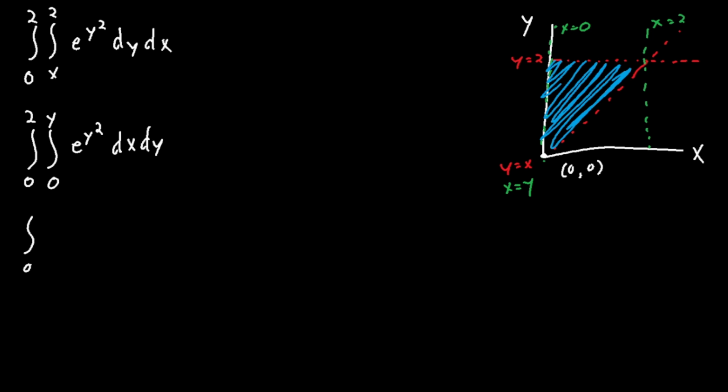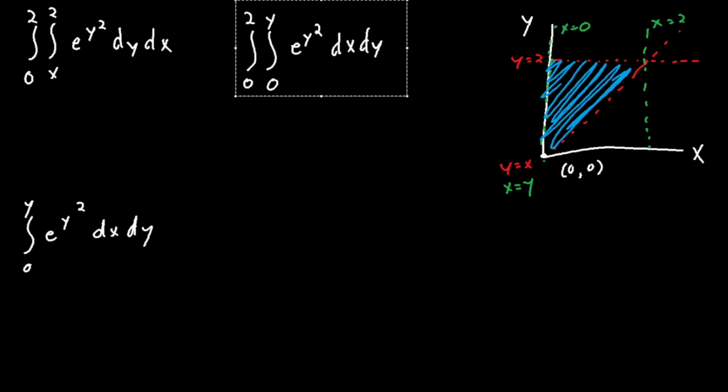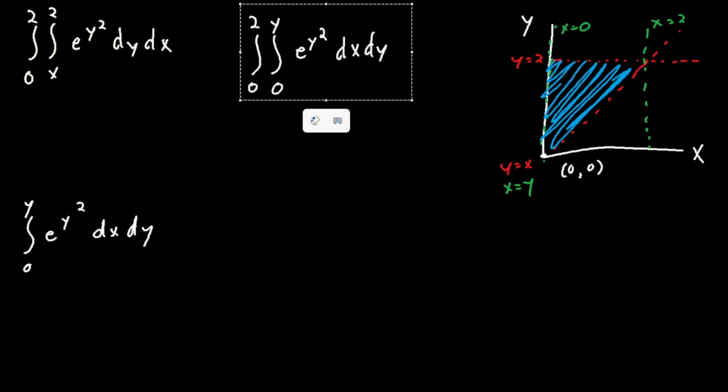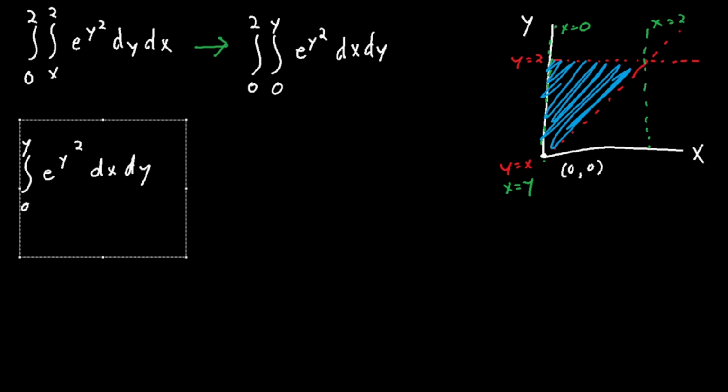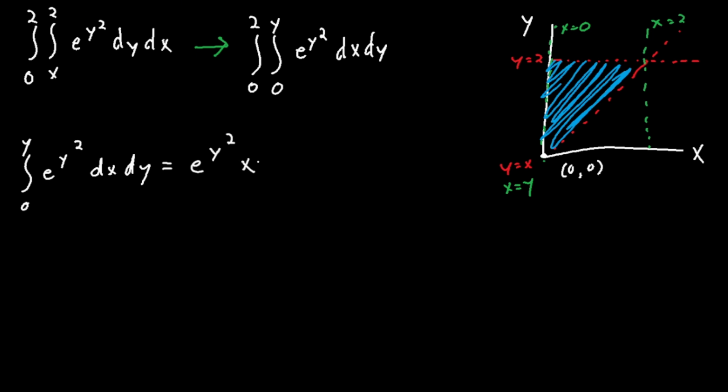Let's see if this is possible. So the integral from 0 to 2 of the integral from 0 to y of e to the power of y squared, dx dy. Let's integrate this with respect to x. With respect to x, e to the power of y squared is just multiplied by x, because it is treated as a constant when you're integrating with respect to x along the bounds of 0 and y.